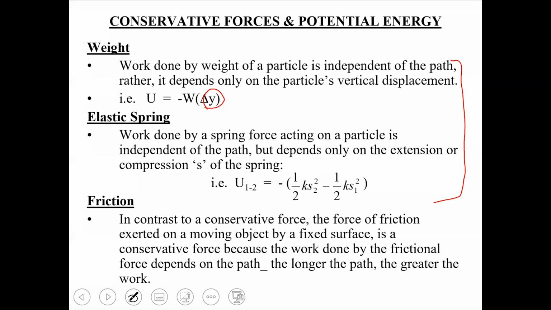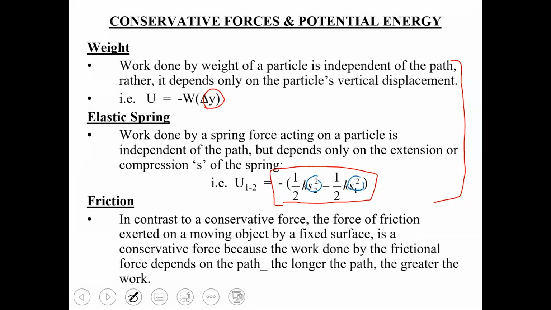a conservative force. Similarly हमने कल इलास्टिक स्प्रिंग की बात की थी, स्प्रिंग फोर्स की बात की थी. Work done due to a spring force is basically minus half k s2 square minus half k s1 square. So that work done depends on two things.